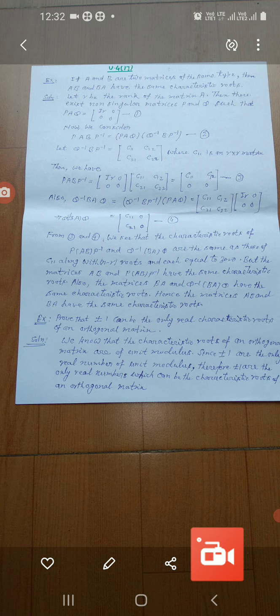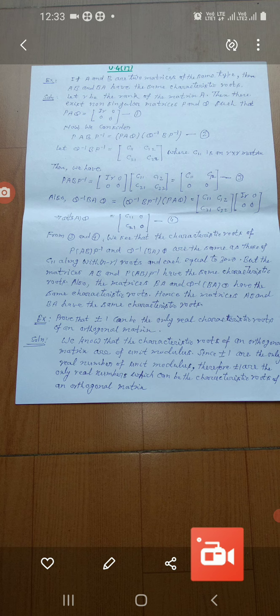Hence, the matrices AB and BA have the same characteristic roots. Here you have only to decide how to write Q inverse B P inverse, okay, and in this way we will solve this problem, and this is very important.